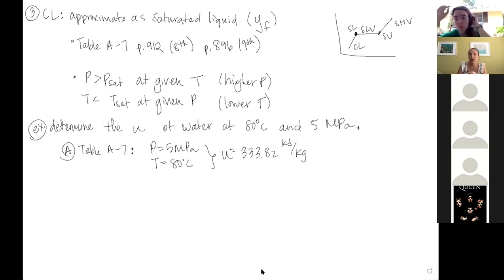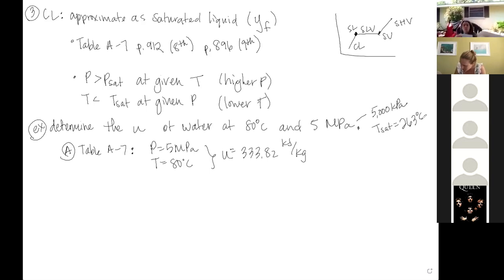If you were to look at your saturated liquid vapor table, table A5, at 5,000 kilopascal, our T sat is 263 degrees Celsius.